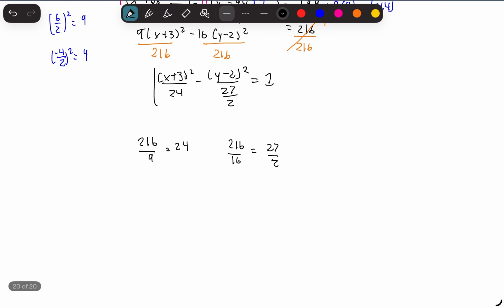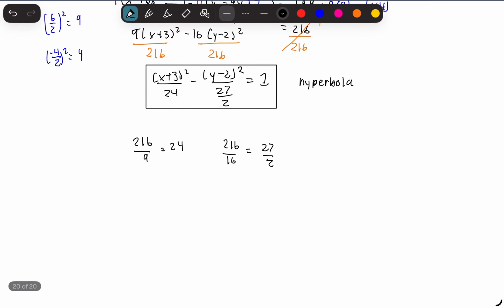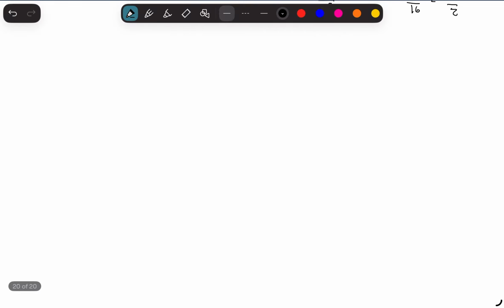So this is our final answer. And this is going to be a hyperbola because one of our terms is going to be positive and one is negative.